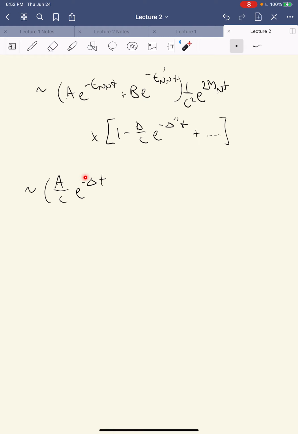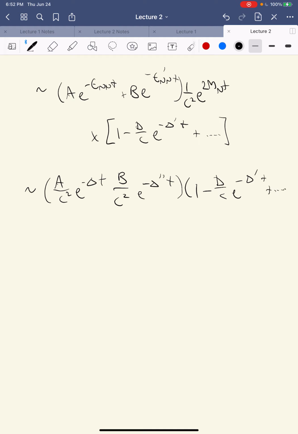So this is the thing we're trying to extract. That's squared. This is going to be a double prime because it's just a different delta. And then 1 minus this. Oh, whoops, I called this guy, that one I already defined. Okay, plus dot, dot, dot.